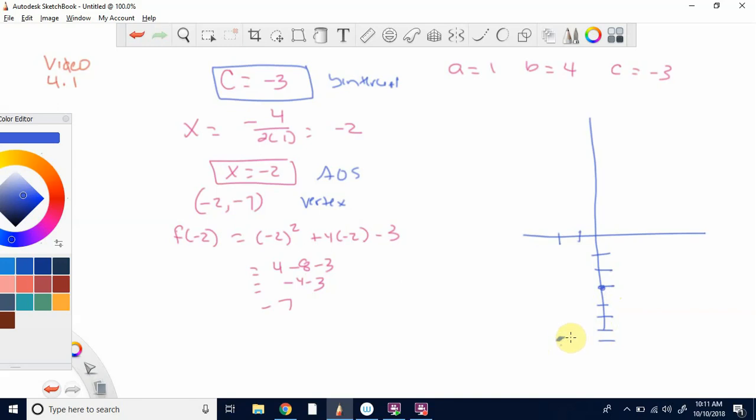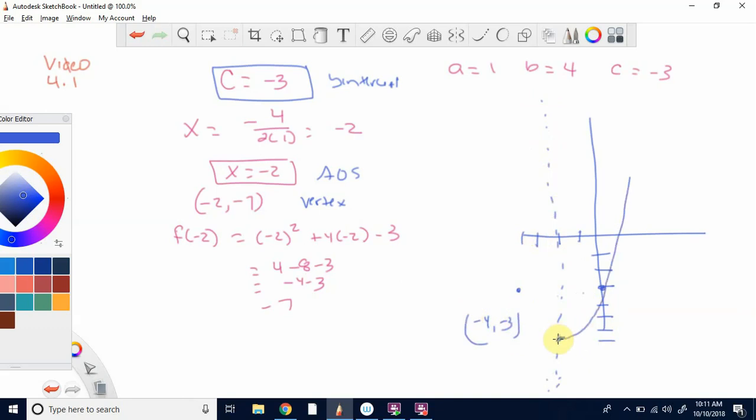That's my vertex. So my axis of symmetry is x equals negative 2, so it's going to go through here. So the y-intercept is 2 units away, so I'm going to go 1, 2, which is right here, which is negative 4 comma negative 3.